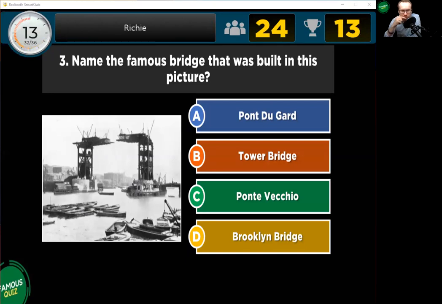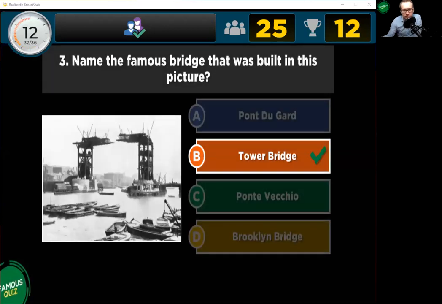It shouldn't be hard in my opinion. This is quite an easy question. It's obviously Tower Bridge. You see, all the other bridges are built in a different way. Brooklyn Bridge is super high. Pont du Gard, if I'm not mistaken, Pont du Gard is.